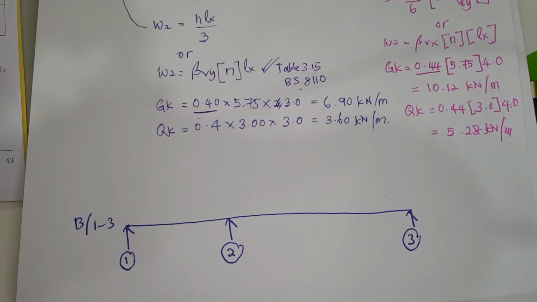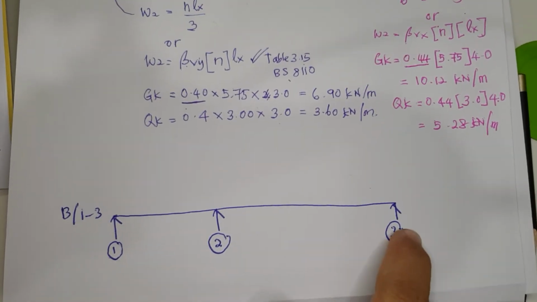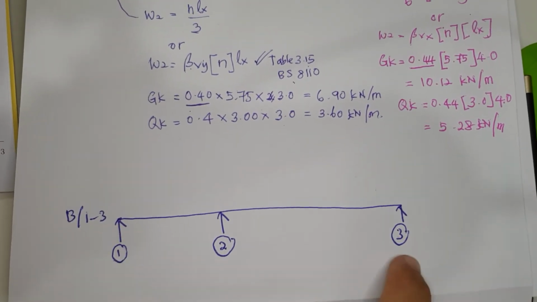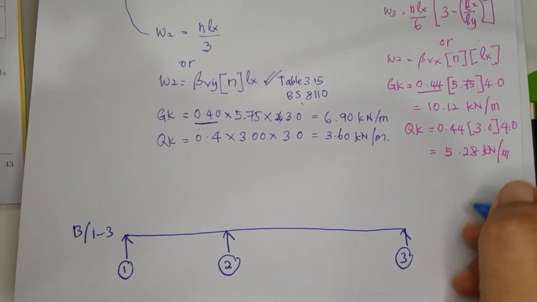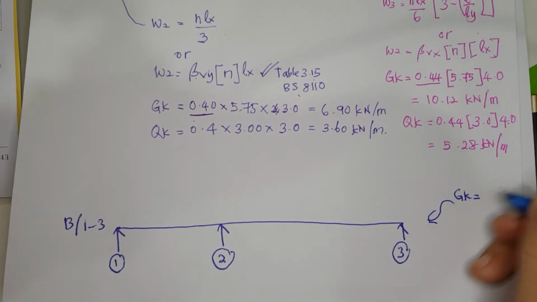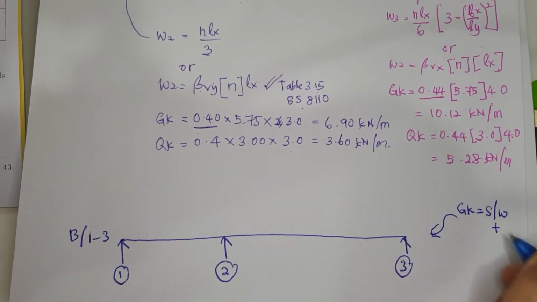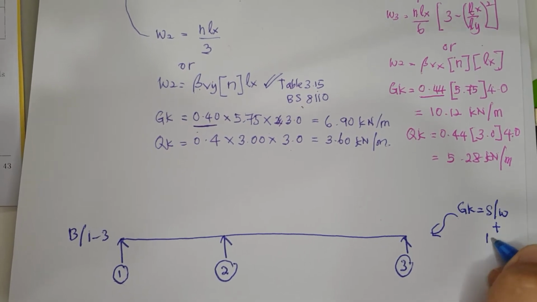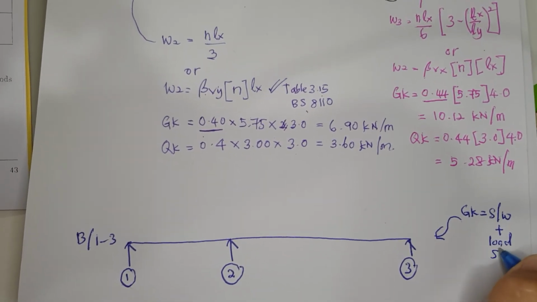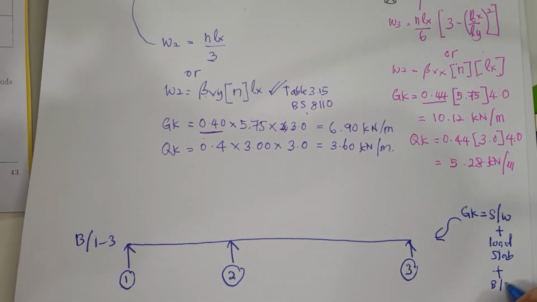So as we know, beam will receive GK and QK. GK for beam is the total of self-weight of beam plus load from slab plus brick wall.